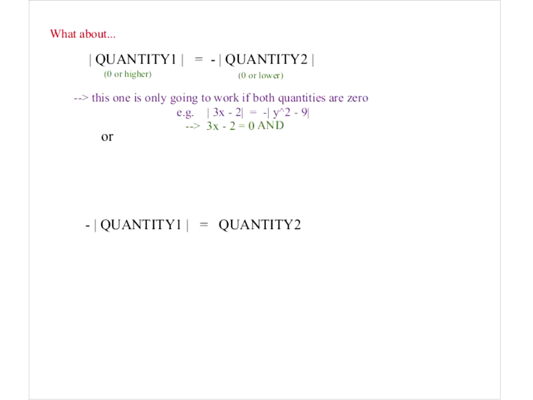And on top of that, you also know that y squared minus 9 has to be 0. That's a tremendous amount of information. So you know that x has to equal 3/2. And from one equation, you've got the value of x, and you've also got 2 possible values for y. That's actually a pretty amazing result. But that's the only situation in which this can occur.